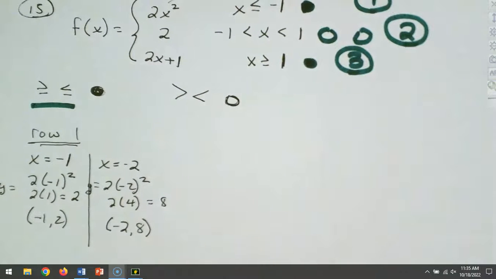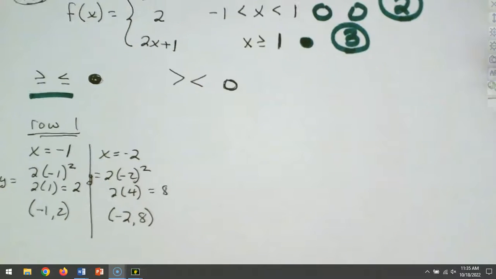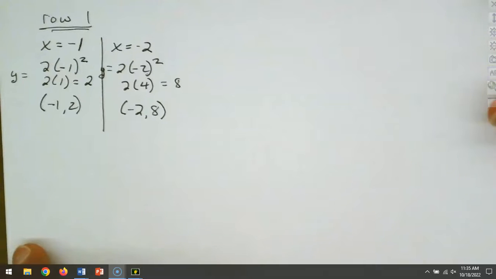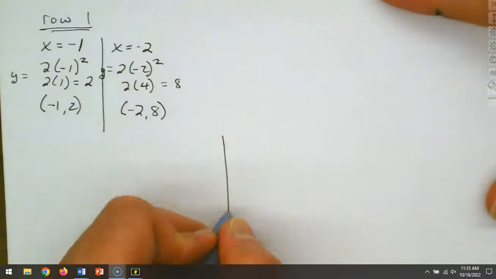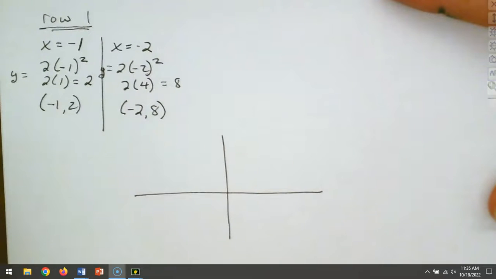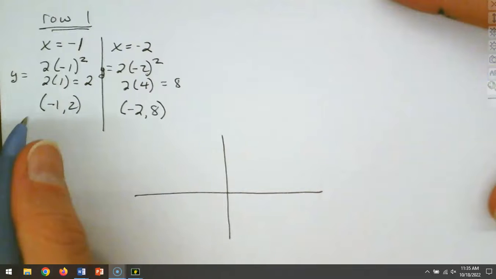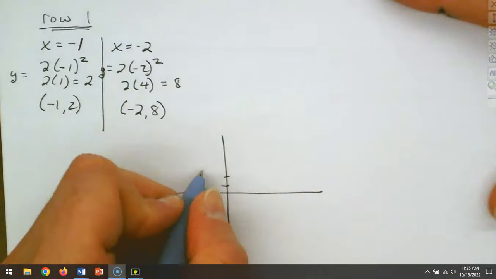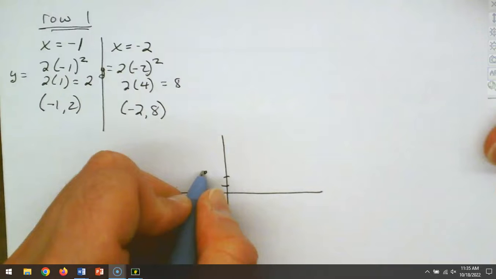This one has to be done in separate parts. So let's go ahead and plot these points and connect them together. It gets a closed circle. So we start at negative 1, positive 2. So that's right here. And it's going to get a closed circle.